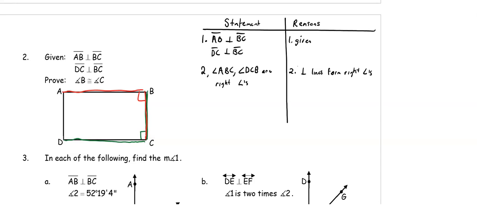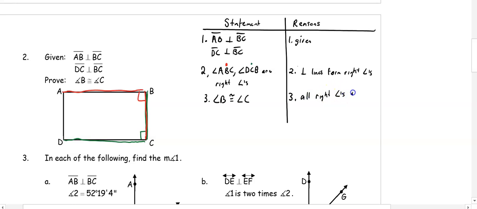Then, because we know that those angles are right angles, and if we look at just one of the letters, we have angle B and angle C, which are the two angles we wanted. So in step 3, we can say angle B is congruent to angle C. And the reason we know that is because when angles are congruent, they have the same measure, and right angles always have the same measure. So all right angles are congruent.